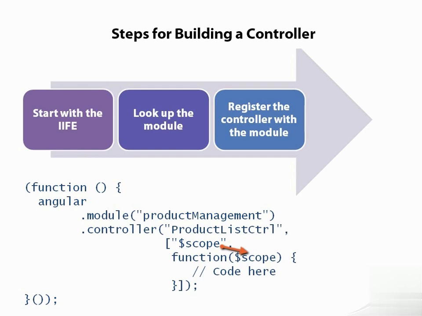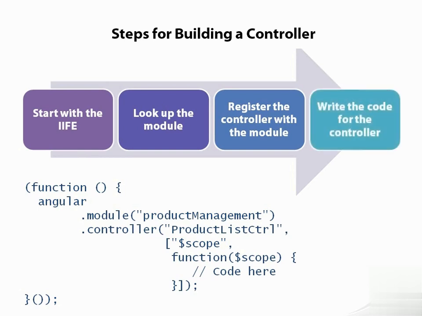By defining the parameter names in an array, Angular will correctly handle the controller parameters. If you are certain that the code will never be minified, you can skip the array here and instead pass the controller function in as the second parameter. The last step, of course, is to write the actual code for the controller. That code will go here.